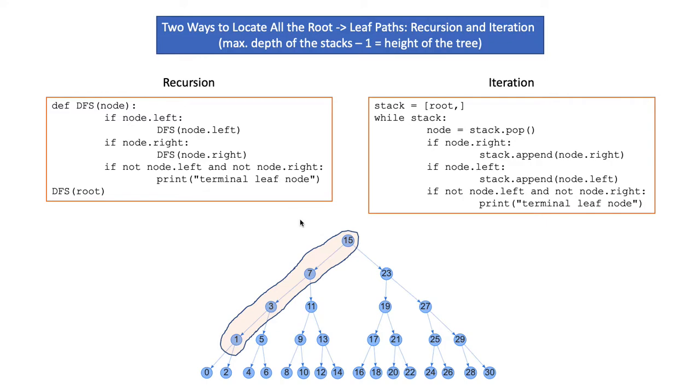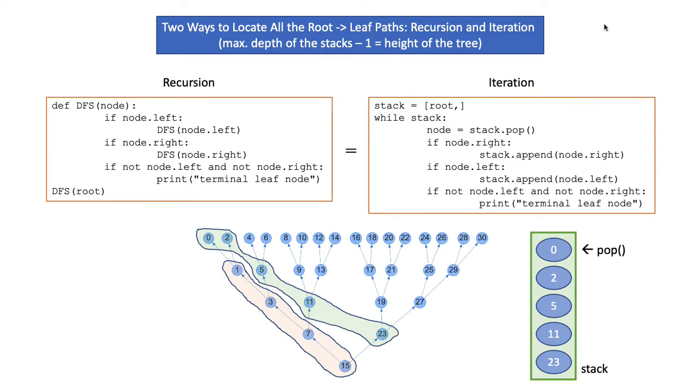If you follow the mouse cursor, the traverse path is like this, from the root node all the way to the left subtree, backtrack to the right subtree, and so on through all the possible terminal leaf nodes. So that's the recursion code implementation.